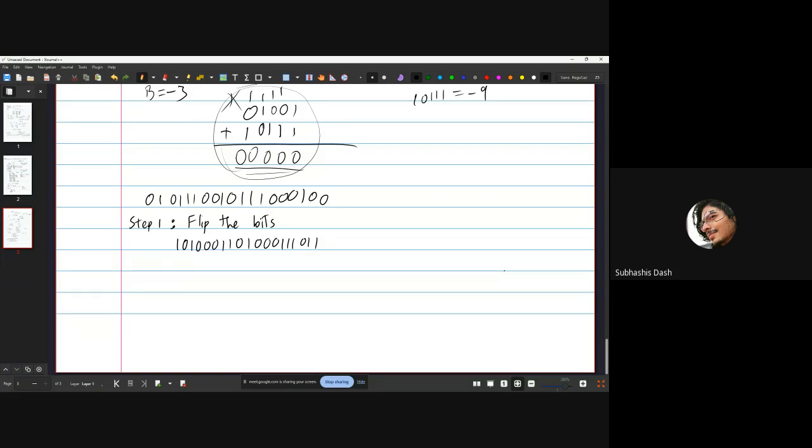I'll just pause at this step and ask you guys, what will happen if we add these both now? What will happen if we add the both of these numbers right now?